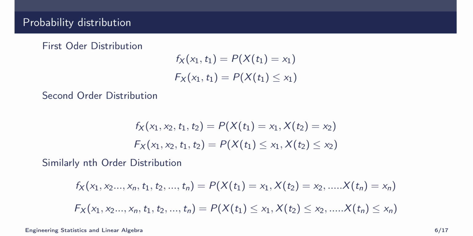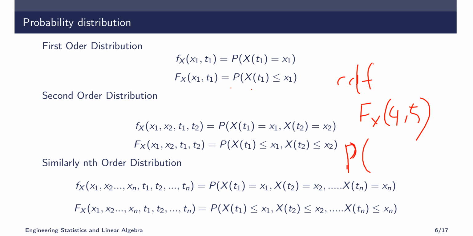If it is discrete, it will be a mass function. The probability distribution function, or cumulative distribution function CDF, is represented as capital Fx of x comma t, which is nothing but the probability of getting x of t1 lesser than or equal to x1. So similarly we can say that Fx of 4 comma 5 is nothing but the probability of x of 5 lesser than or equal to 4.